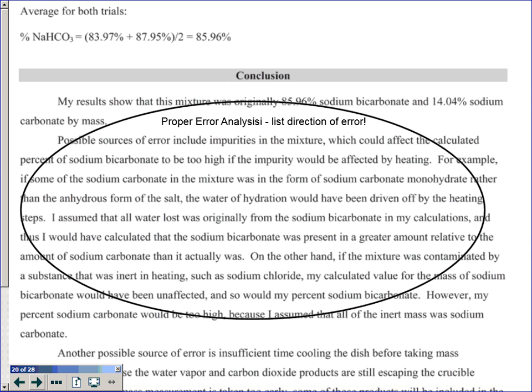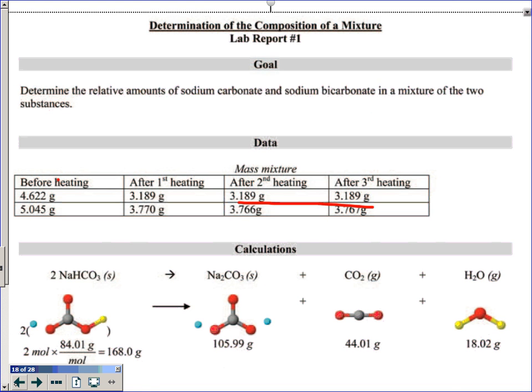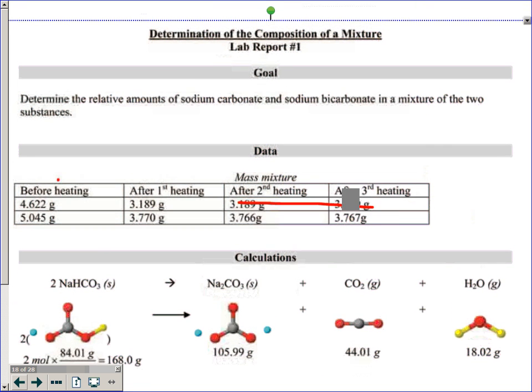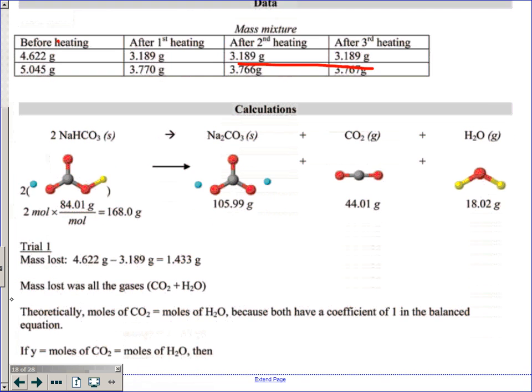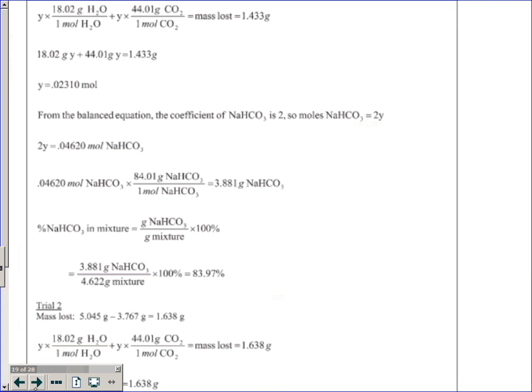Okay, next person. As for the explanations of chemistry in the lab, it talks about how the moles of CO2 are equal to the moles of H2O because it's a mole ratio. They used this general concept to carry out all of their work.